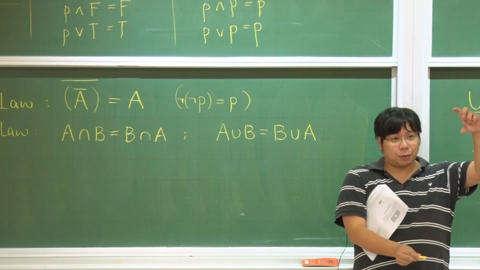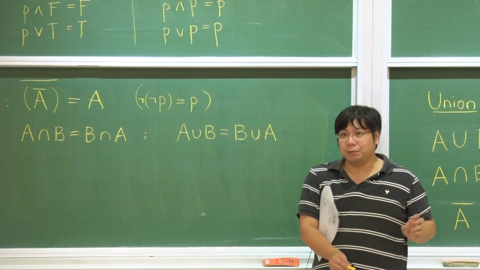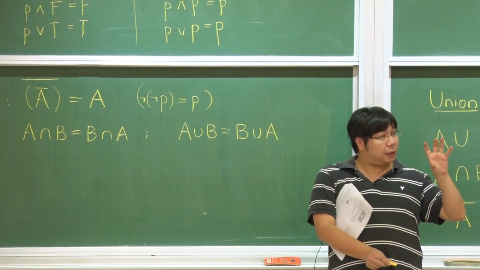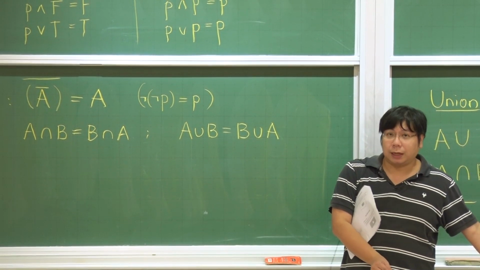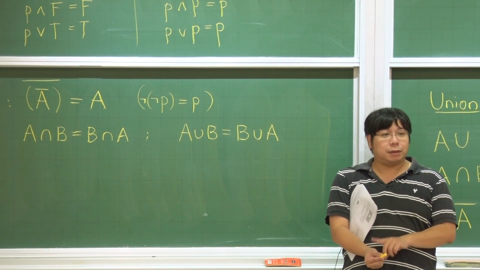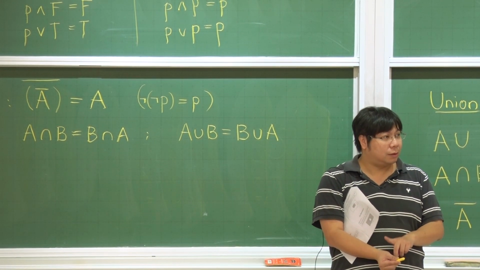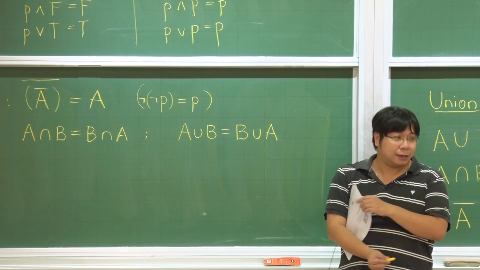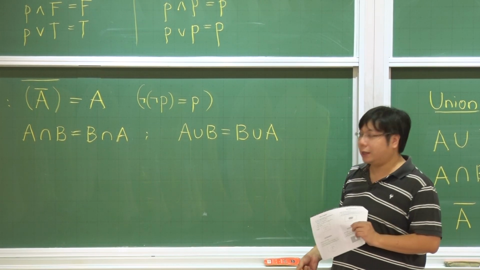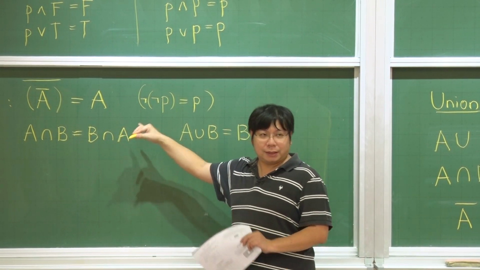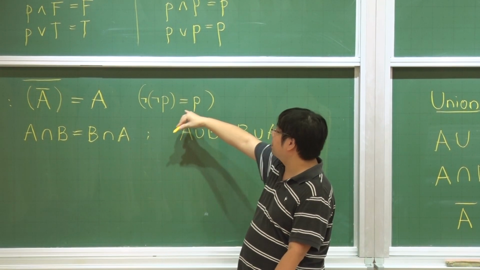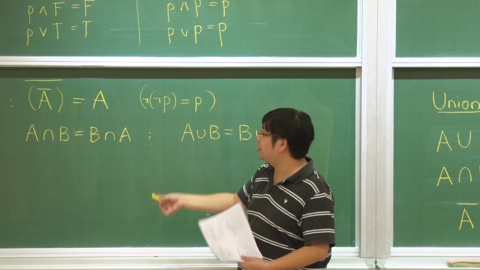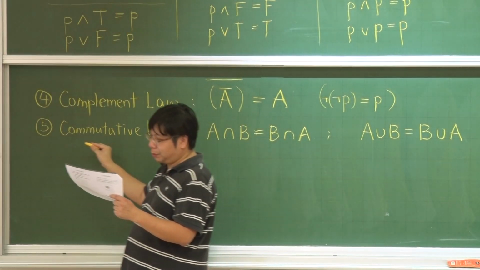If you have two square matrices, let's say 2 by 2, A multiplied with B will not always be the same as B multiplied with A. So multiplication on 2 by 2 matrices is not commutative. So not every operation is commutative. But here, for set operations, for the propositional, for the logical equivalence operation, they are commutative. So we need to write it down.